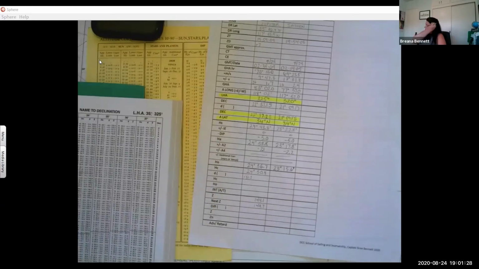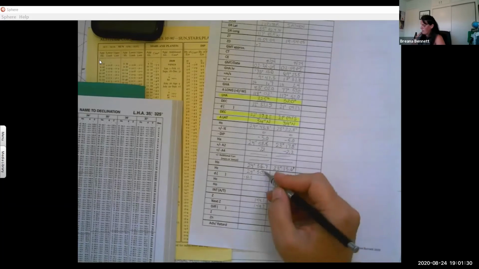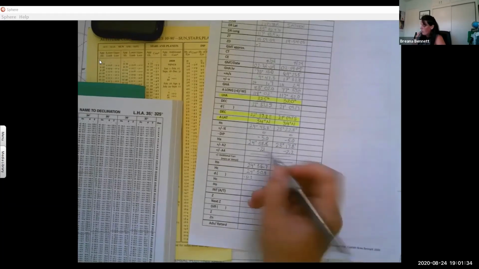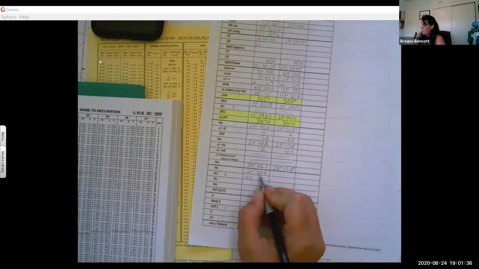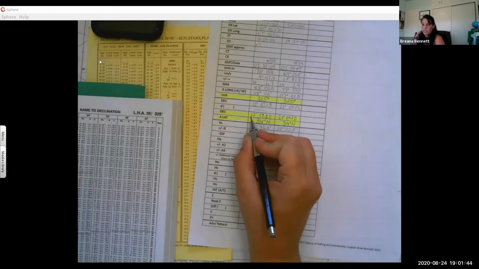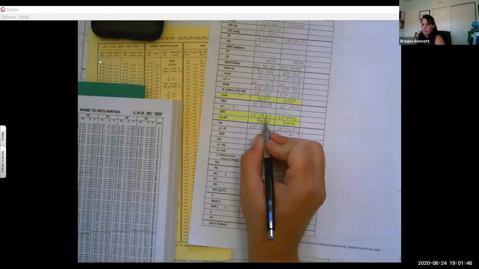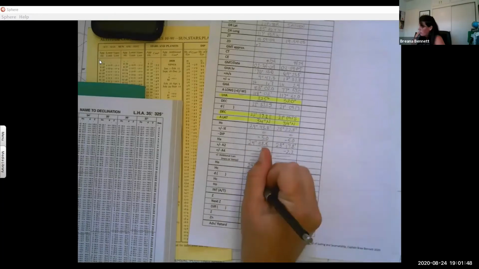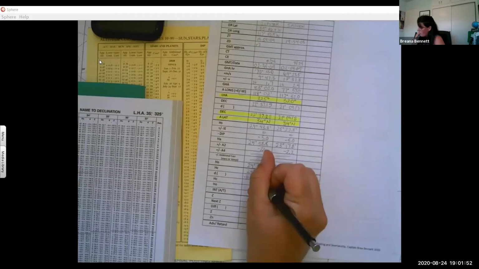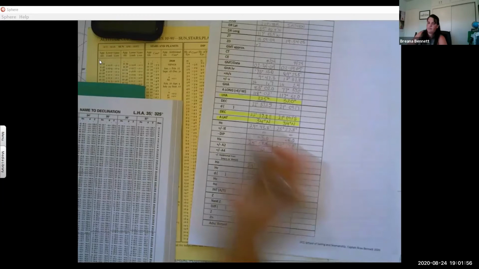Okay, so at this point, I'm going to calculate all the way down to Zn. In order to get between the 22 and 23, we have to multiply by our remainder, because our declination was 22, 37.2. So 37.2 divided by 60.